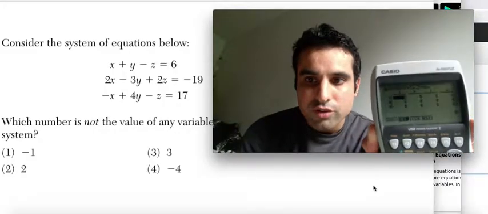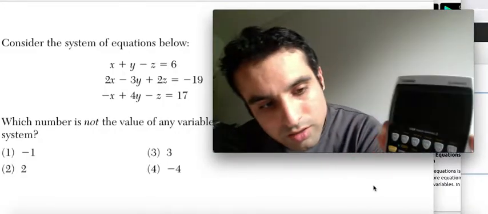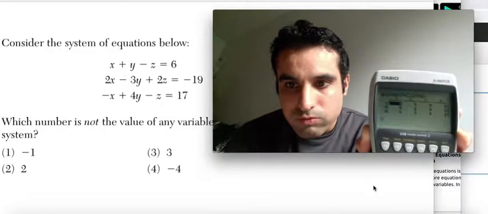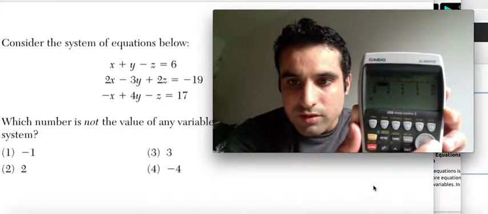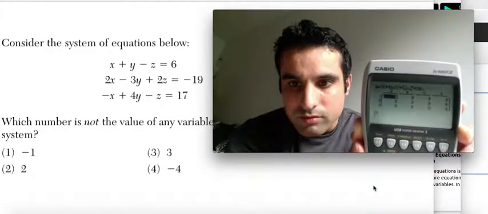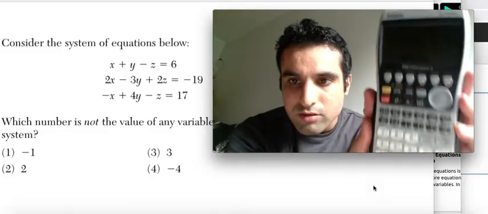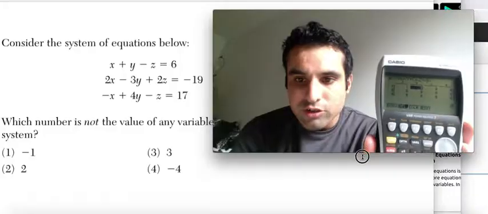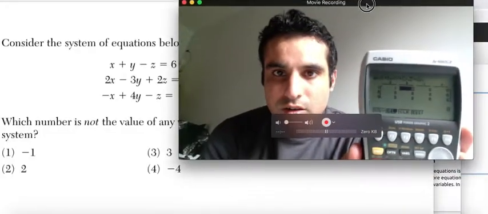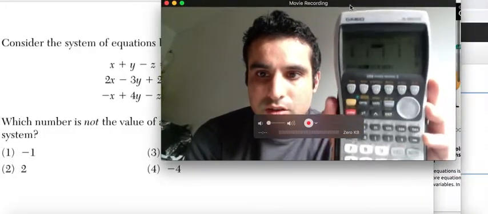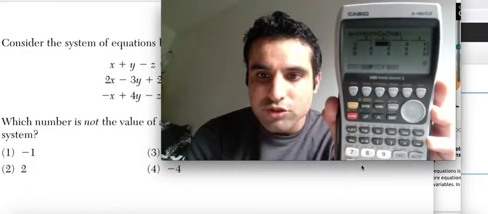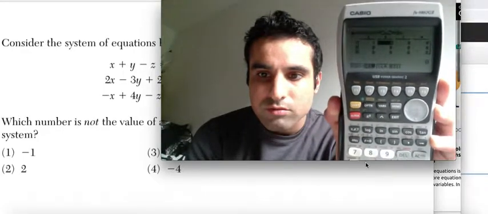The coefficient of X is 1 in the first equation. Then I'm going to hit execute, enter, which is right down here. I have to make this bigger to show the whole calculator. I'm trying to make sure everything shows.